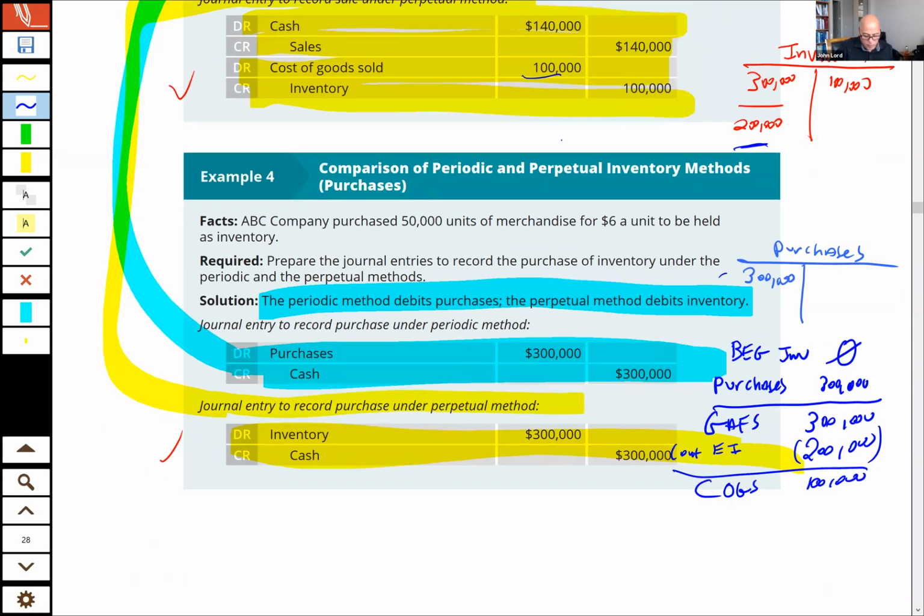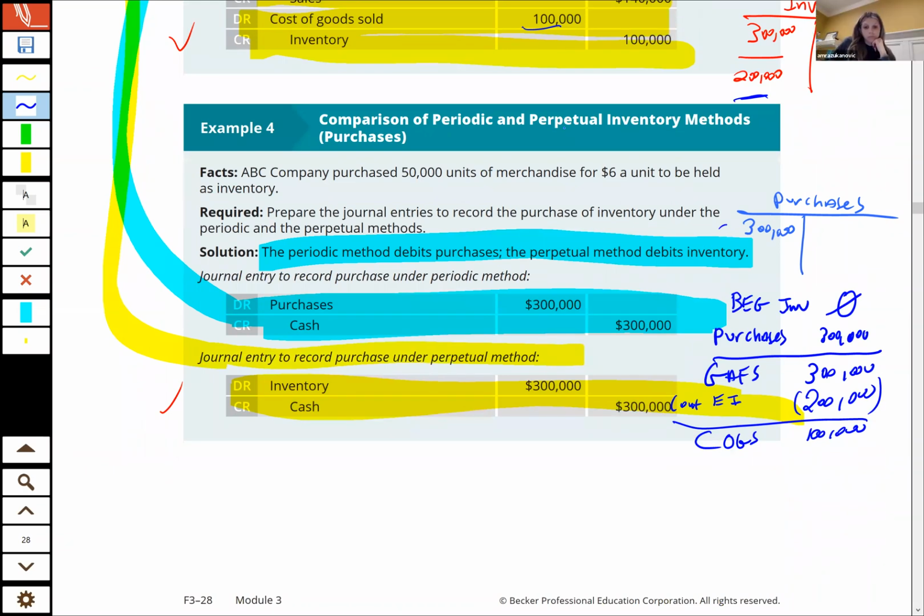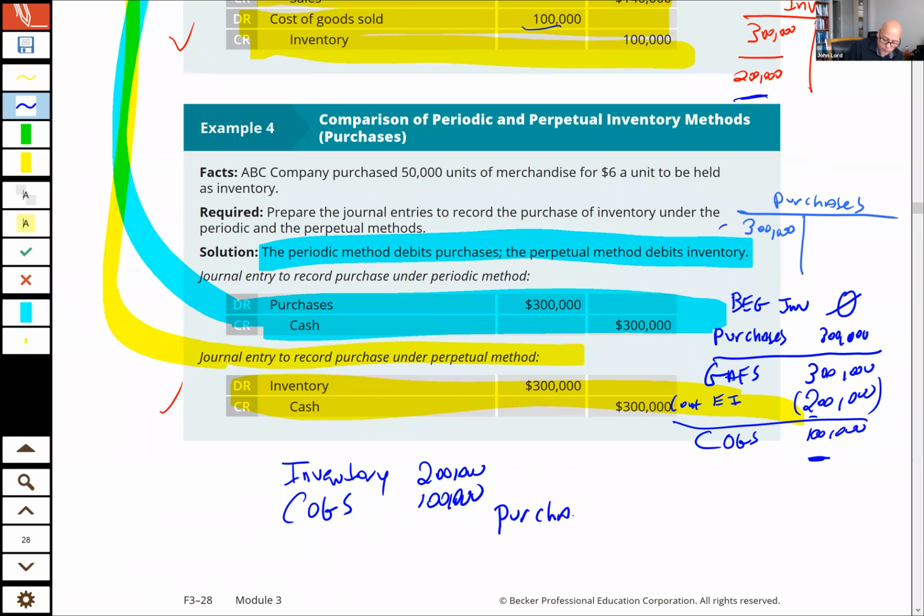And then I would be able to make what entry? Well, remember, I never debited the inventory when I bought inventory. So I'll debit inventory for 200,000. I'll debit cost of goods sold for 100,000, calculated there. I counted my inventory at 200,000, and I can credit purchases now for the full 300,000, because I don't need that purchases account anymore.